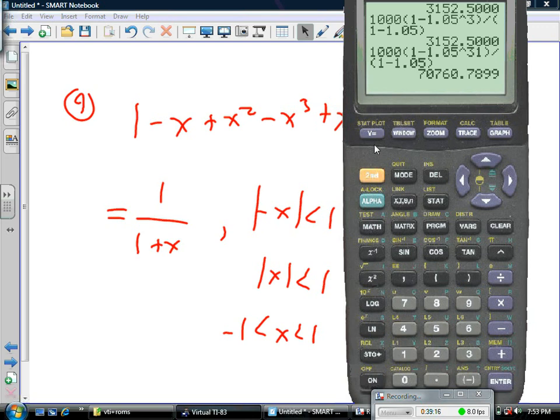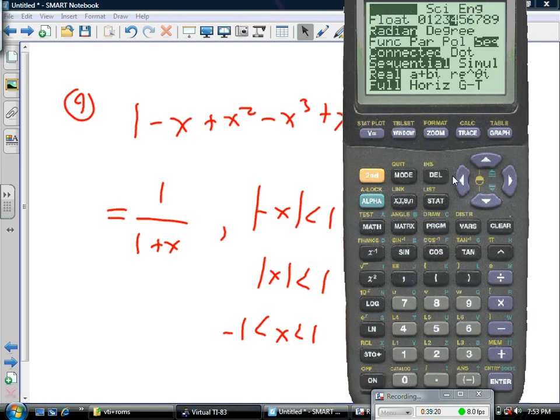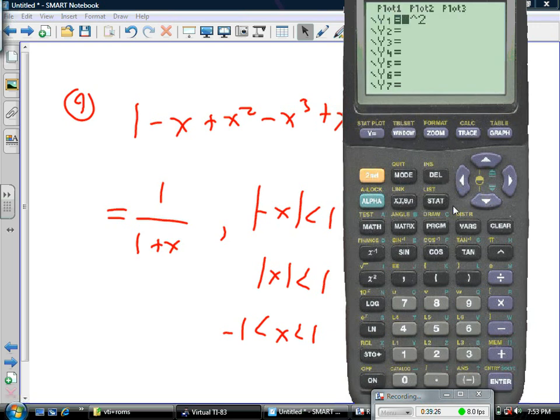I'll go into y equals. Now I'm in sequence mode, so I have to change it back to function mode. All right, I'm back in function mode. I'll clear that, and it's 1 over 1 plus x. So 1 divided by the denominator in parentheses, 1 plus x. How about a zoom 4?